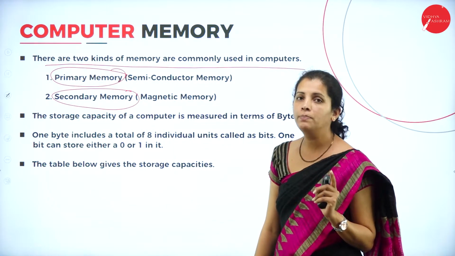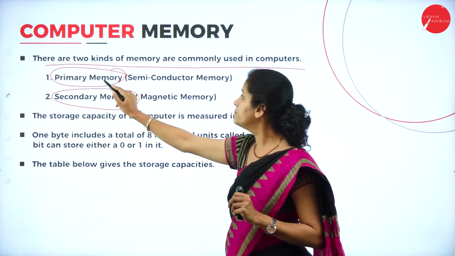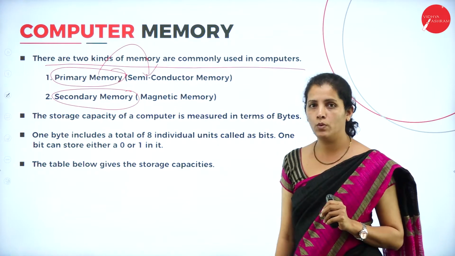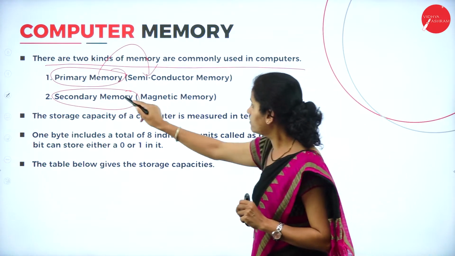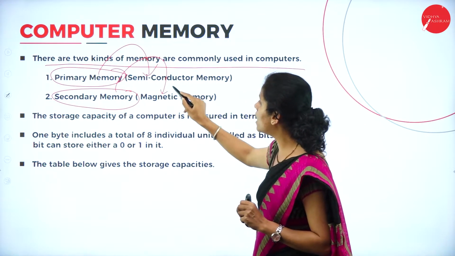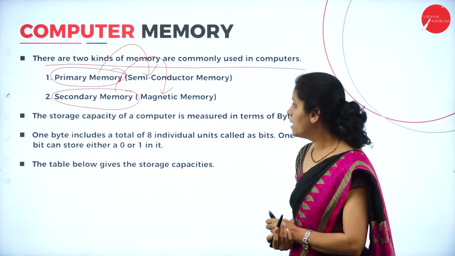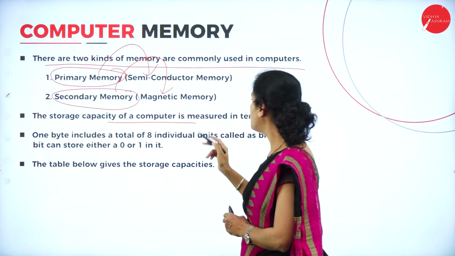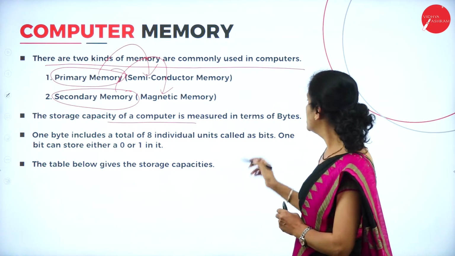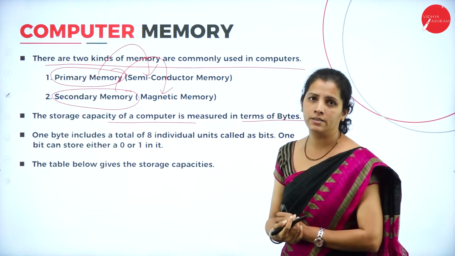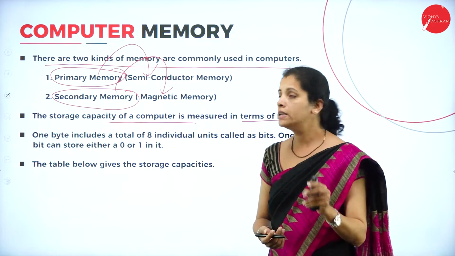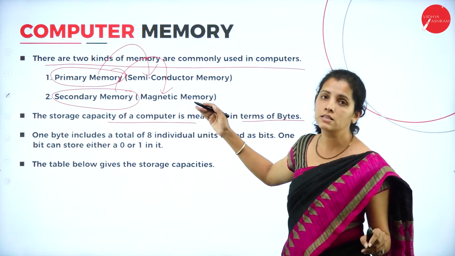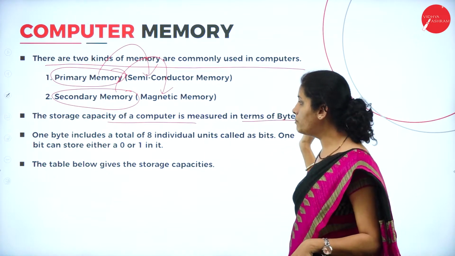And dear student, please remember one thing, that primary memory is always semiconductor memory and secondary memory is always magnetic memory. The storage capacity of a computer is measured in terms of bytes.